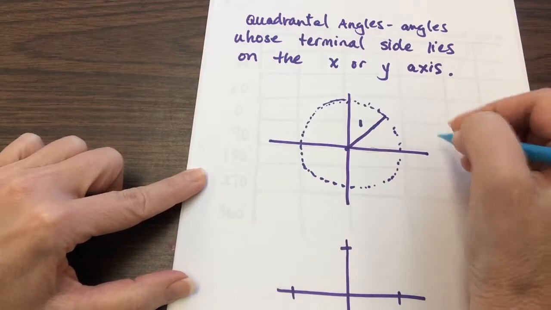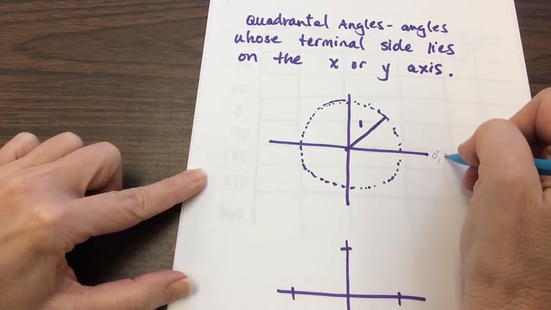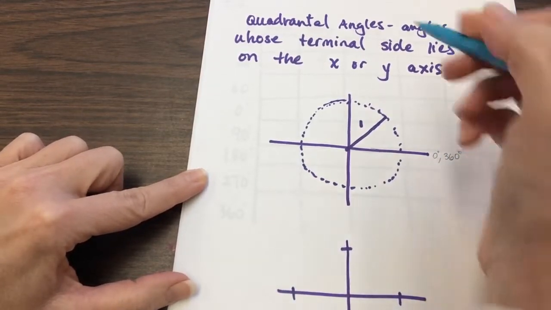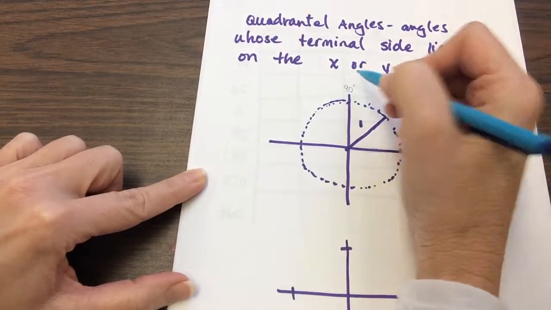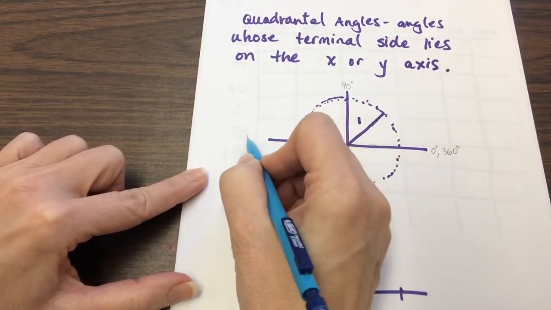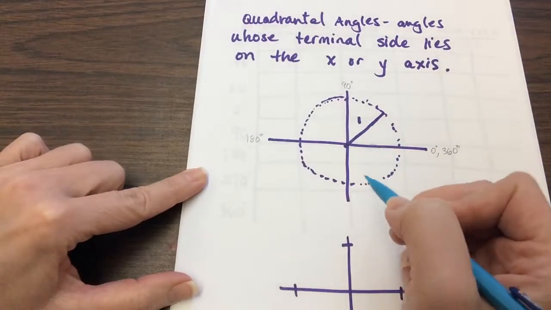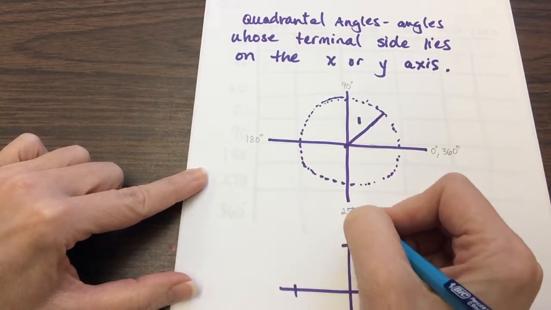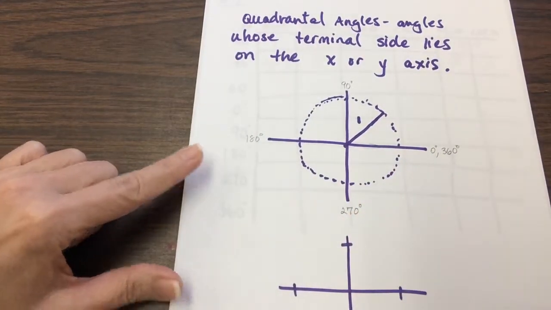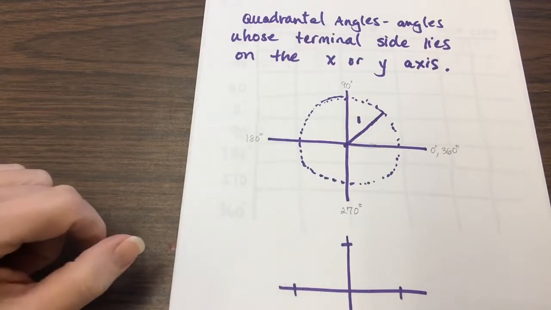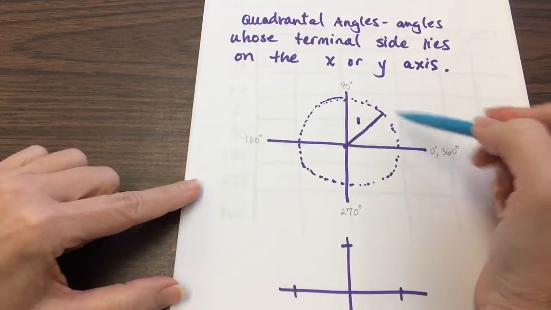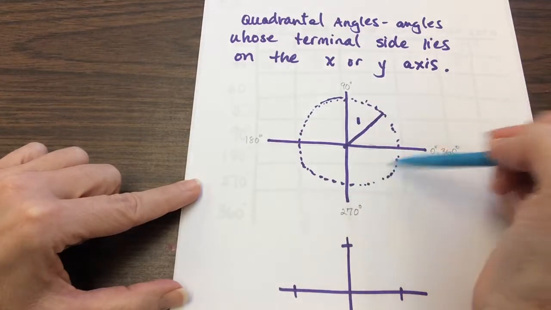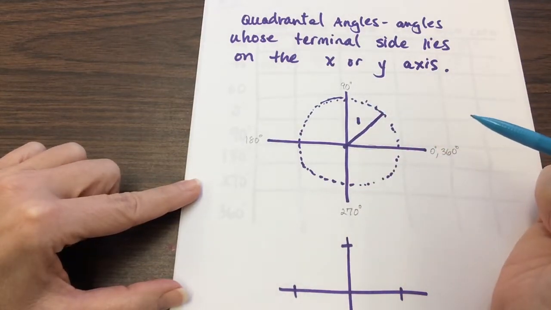And we've already talked about what that is either going to be 0 or 360. That's going to be 90 degrees, or pi over 2. That's going to be 180 degrees, or pi, and this is going to be 270 degrees, or 3 pi over 2. All right, so a quadrantal angle's terminal side lies on the x or the y-axis.